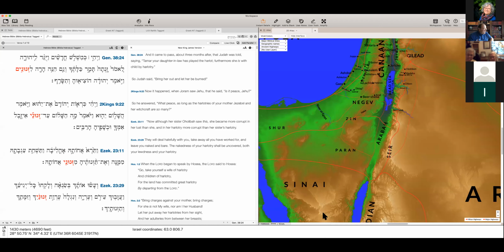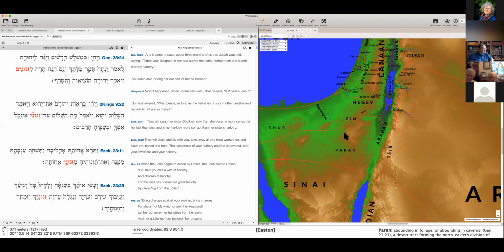So what happened on the way? Sasha, do that again, please. You see, this is Mount Sinai. You see the cursor? They're going straight through. See the Canaan? They're going the shortest route. But 40 years later, they're going a curved route around this area.